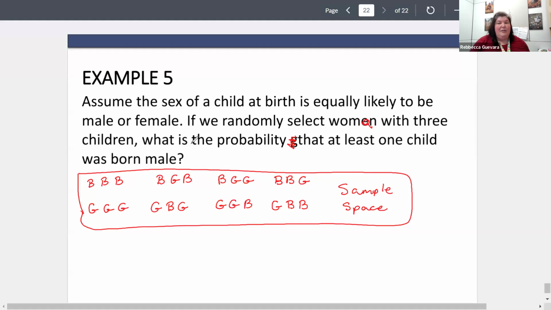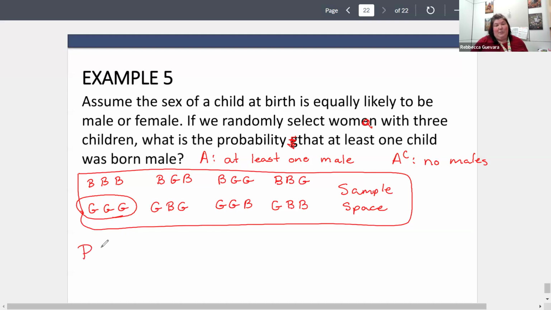So I want to know, what is the probability that at least one child is going to be born male? The complement of that event would be the probability that there are no males. We only have one event where we have absolutely no male children.